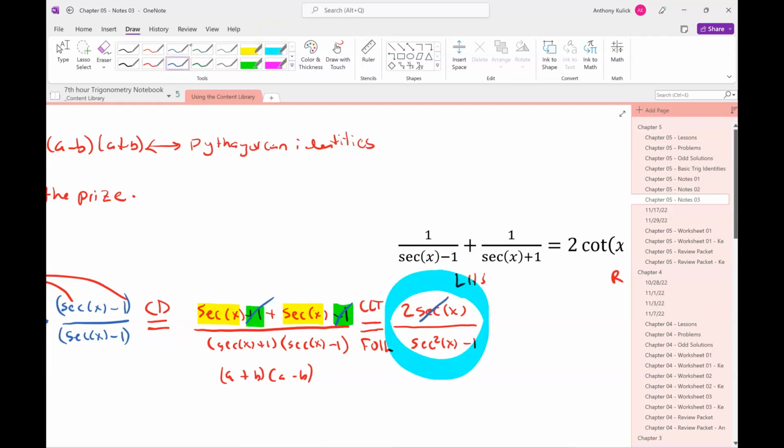Can I go and do that? Bella, you said no. That's the correct answer. Here's the important question, though. Why not? Because top and secant squared. Well, I'm just canceling out the squared sign on the bottom, not the whole thing. Oh. Then I don't know. The answer is still no.